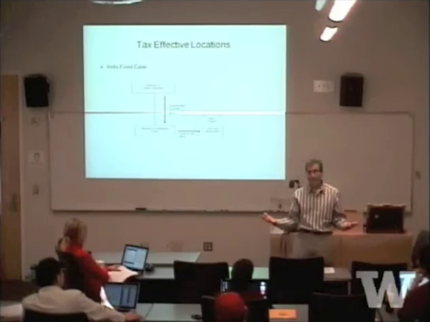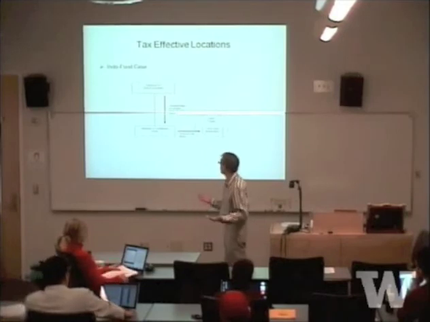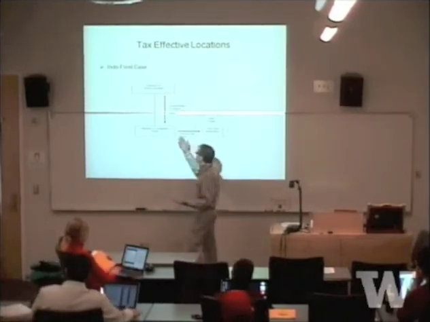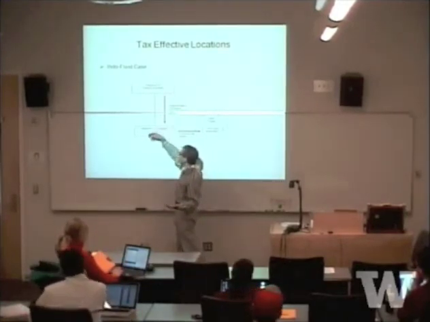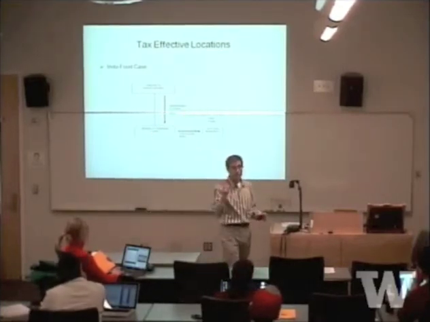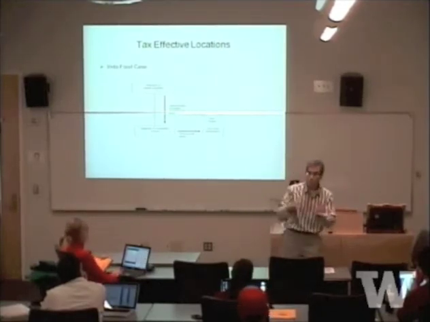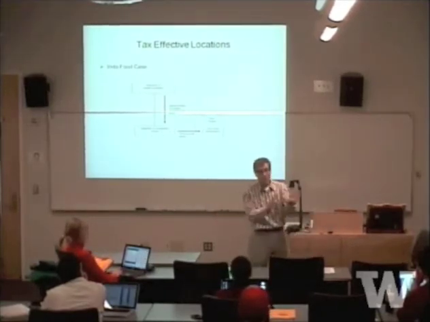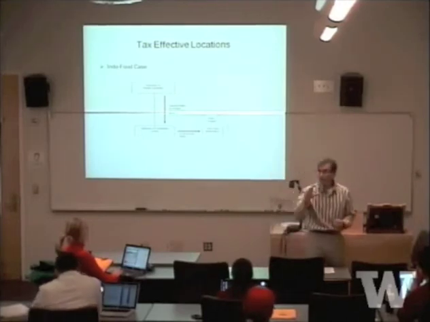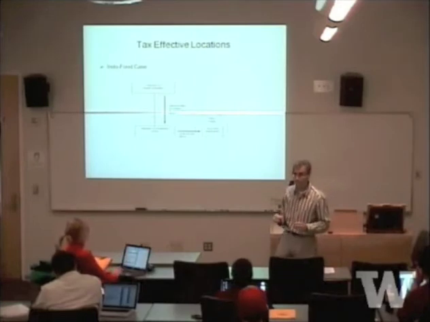So, as of, I think, January 1st, 2005, the treaty between Indonesia and Mauritius was terminated. And that meant that as of the next day, in other words, there's no grandfather rule, a 20% withholding tax will apply instead of 10%.